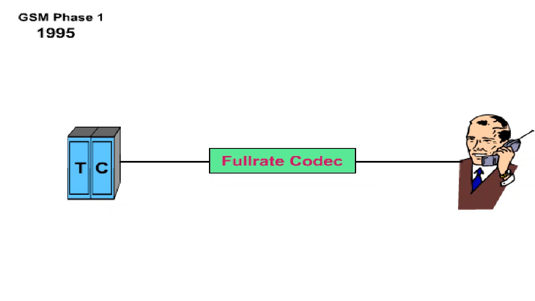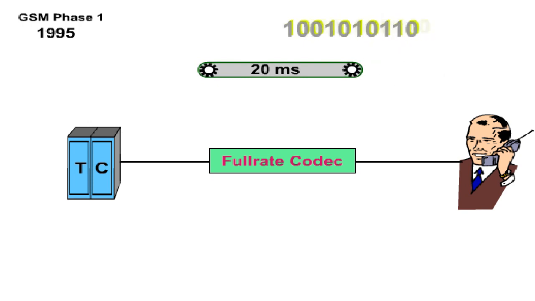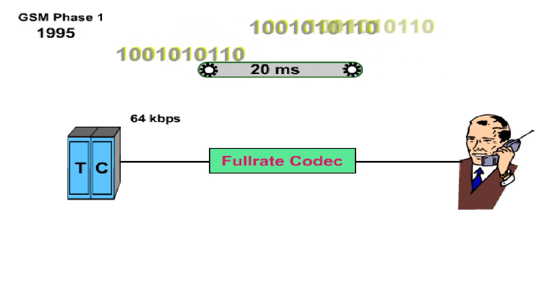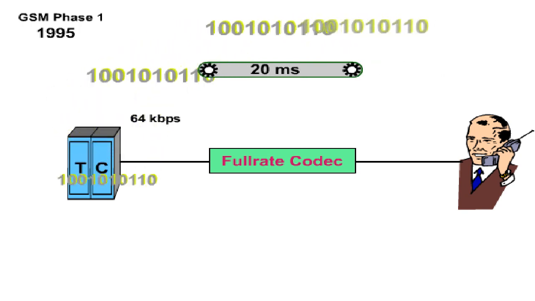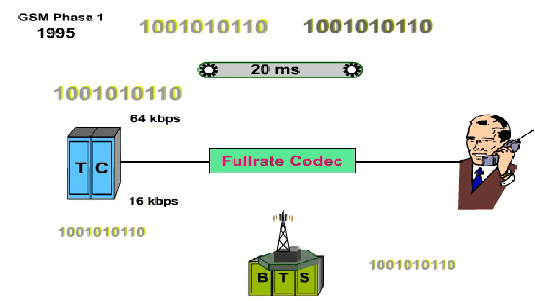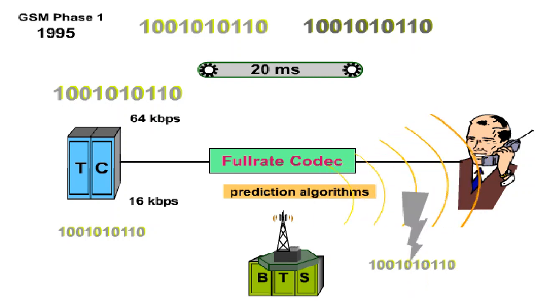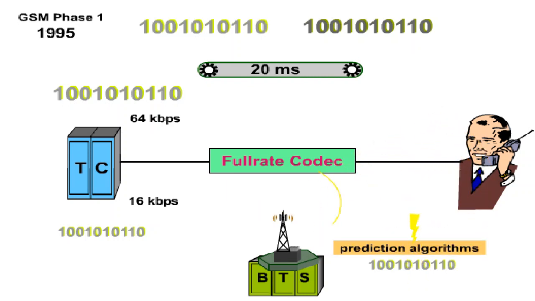The basic characteristics of speech, that is the volume, the base frequency and the tone, are extracted in 20 millisecond segments from the 64 kilobit per second signal, so that descriptive parameters in 16 kilobits per second signals are generated. The prediction algorithms, that is to say, the calculability of speech, make the data less sensitive to the interference a signal meets on its way from and to the mobile station at the air interface.